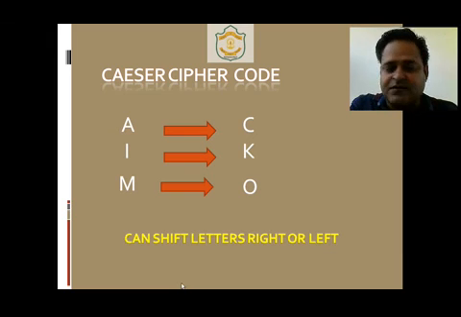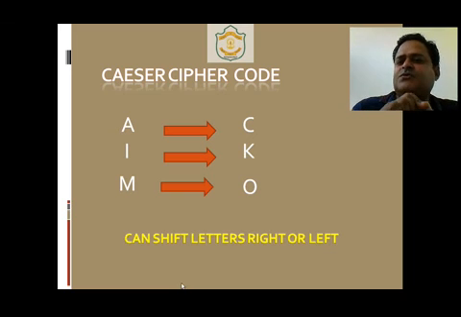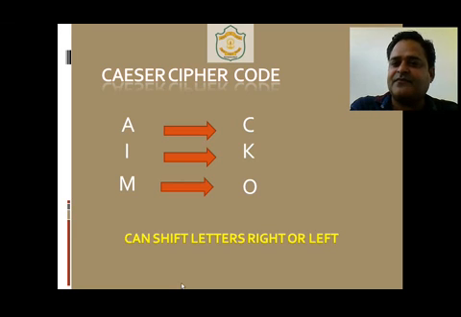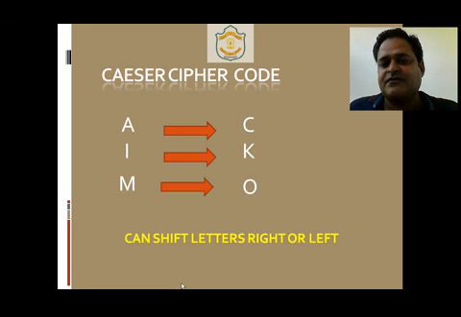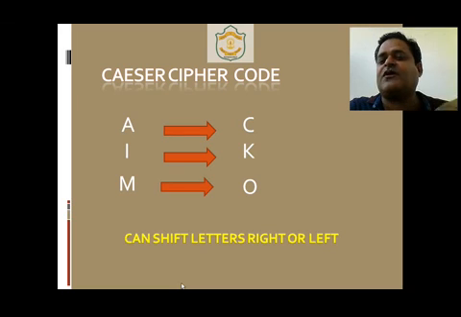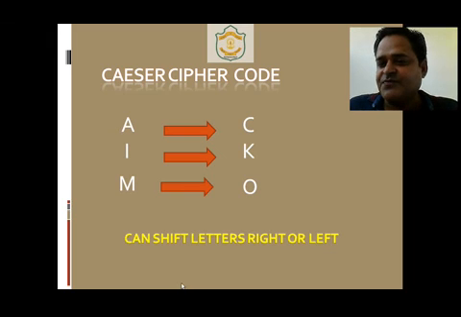Write all the alphabets on a piece of paper, then mark which letter you want, you can skip 2 or 3, whichever number you want, either to the left or right side. But the method which you are using should be universal, applicable to the complete word. Then only you will be able to decode it back to the meaningful word.